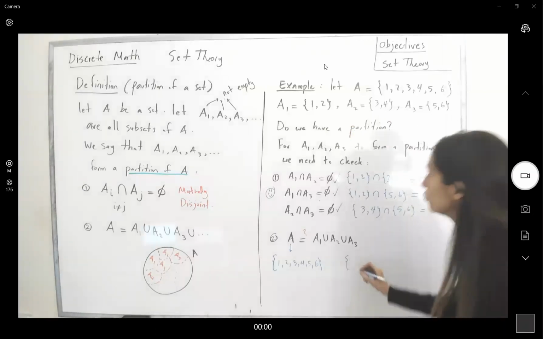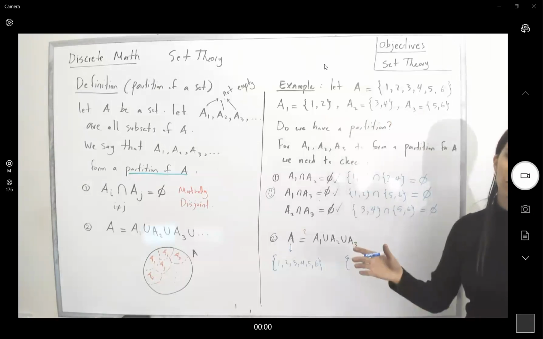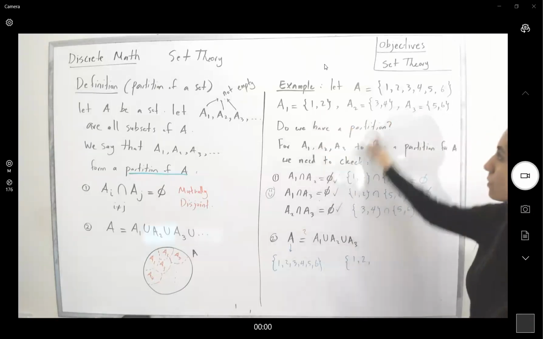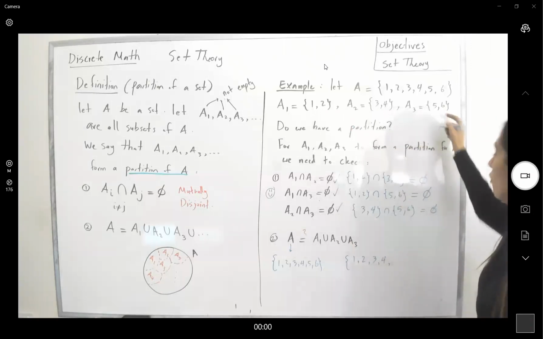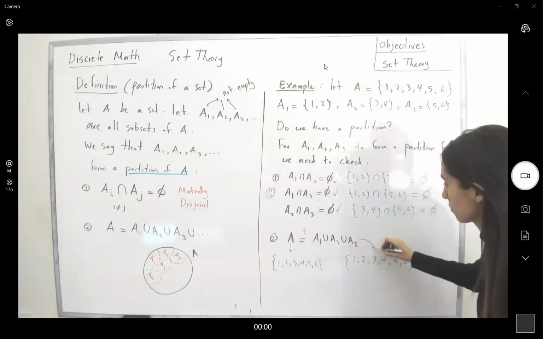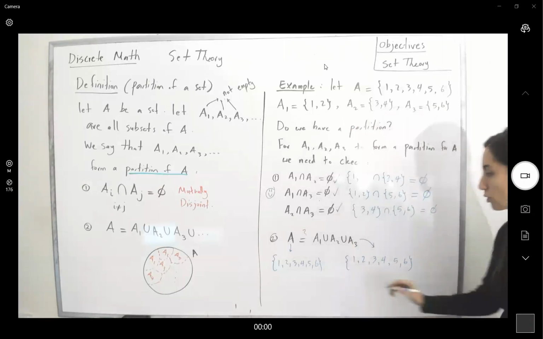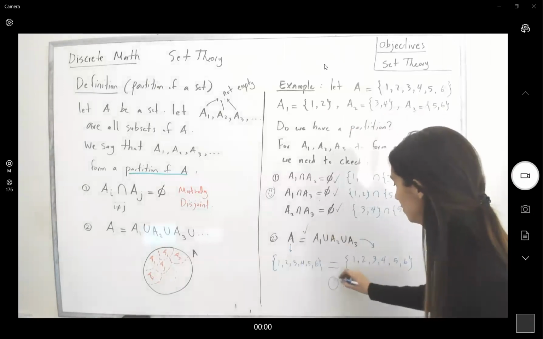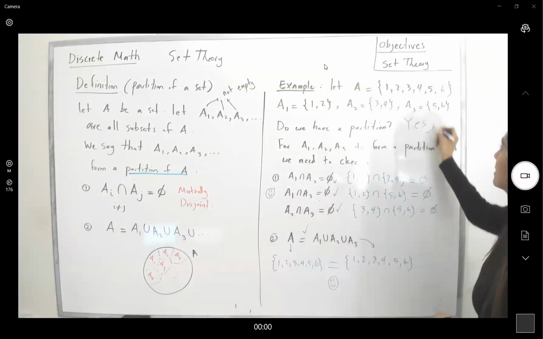Since it's union, we have to list all of these members without repetition. 1 and 2, 3 and 4, 5 and 6. Are these two equal to each other? Of course. So the answer is yes.